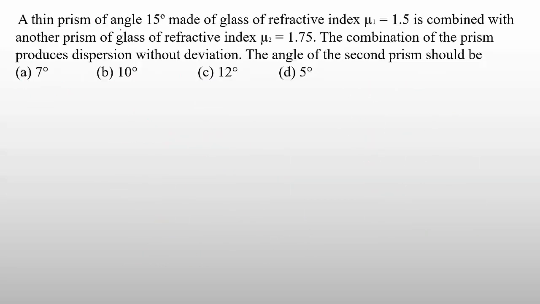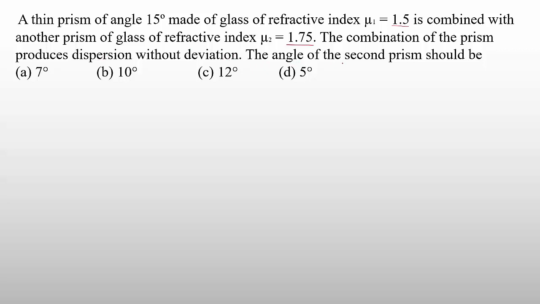A thin prism of angle 15 degree made of glass of refractive index mu1 equal to 1.5 is combined with another prism of glass of refractive index mu2 equal to 1.75. The combination of the prism produces dispersion without deviation.